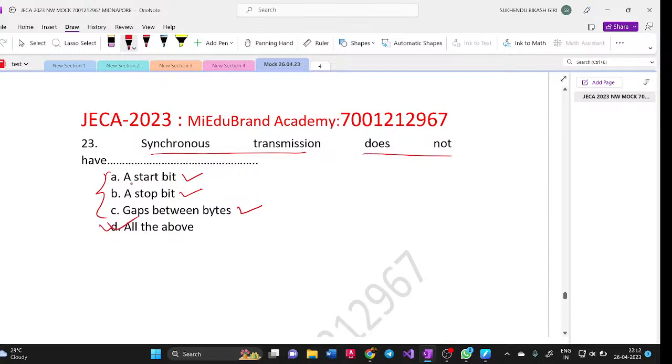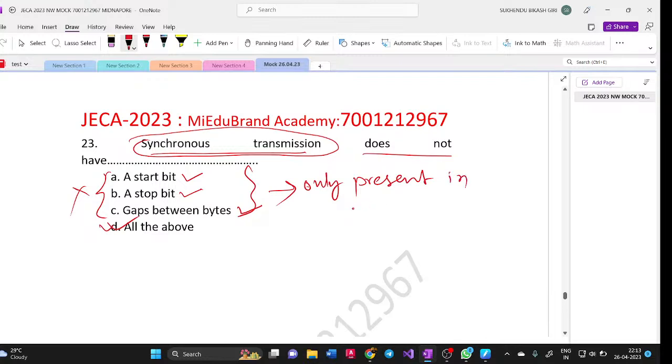A start bit, a stop bit, and gaps between bytes are not present in synchronous transmission. These three are present only in asynchronous transmission.